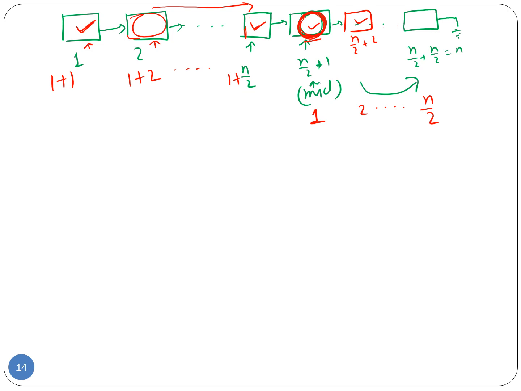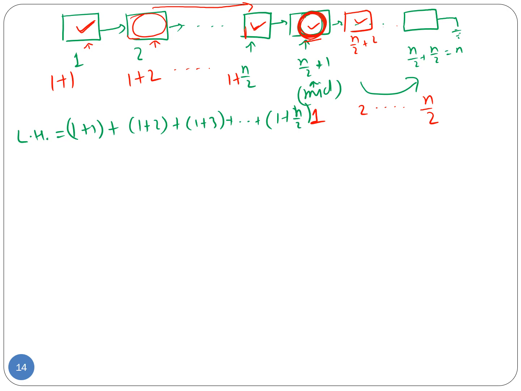Okay, so the total number of comparisons would be simply the sum of all these comparisons, right? So for the left half, the total number of comparisons would be 1 plus 1, plus 1 plus 2, plus 1 plus 3, plus so on all the way to 1 plus n by 2.